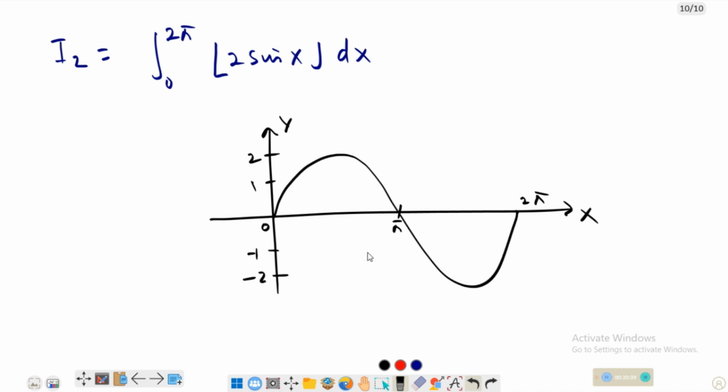We need to draw horizontal and corresponding vertical lines to draw the graph of greatest integer of 2 sin x.